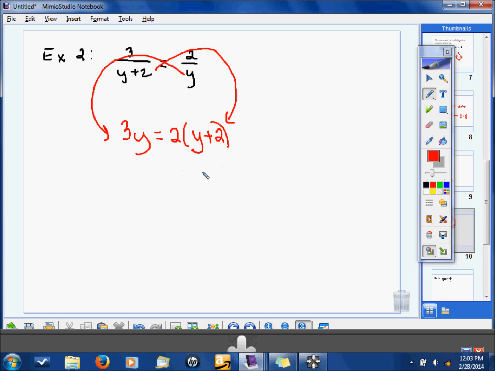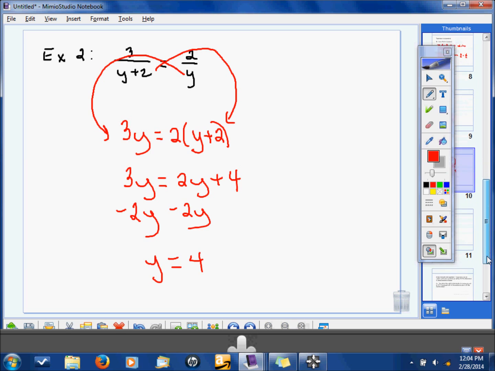So don't forget to distribute there. 3y equals 2y plus 4. And then subtract 2y. So y equals 4. Okay, so that's a nice little problem to do.